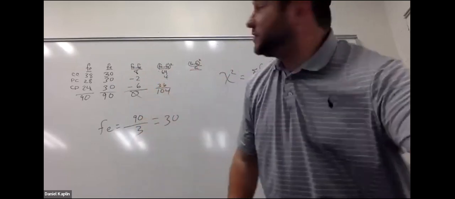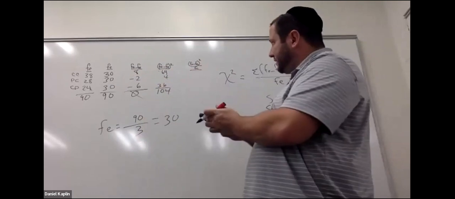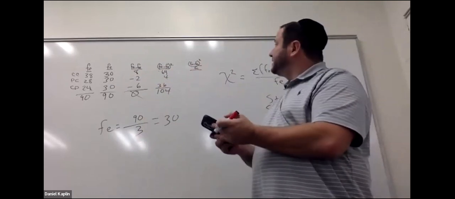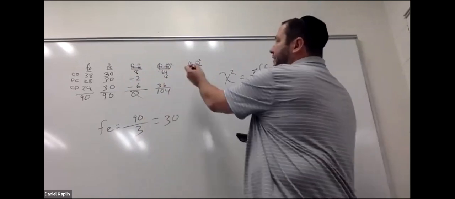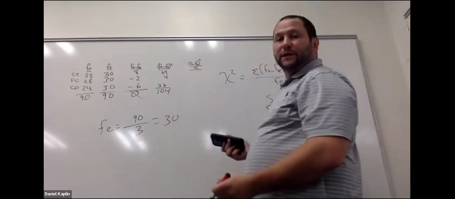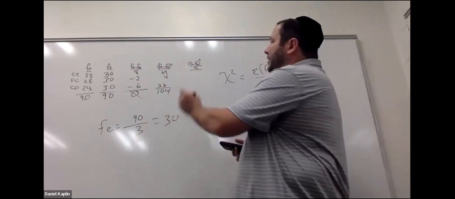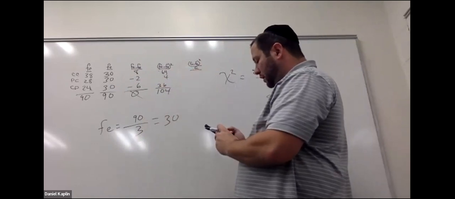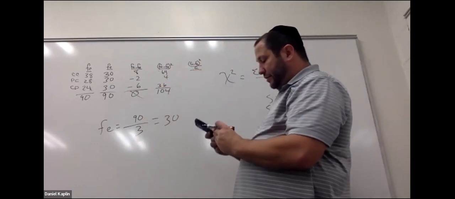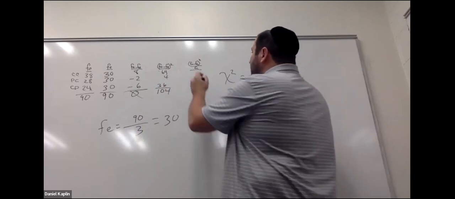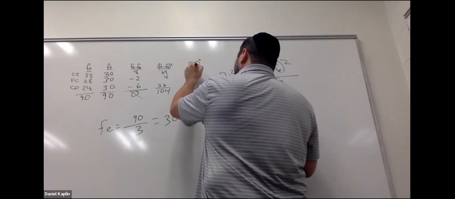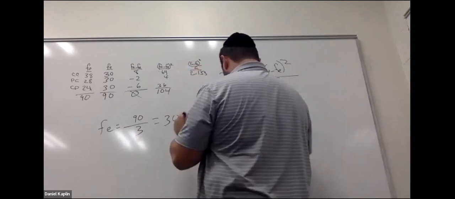So now I'm going to do my difference, FO minus FE squared divided by FE. So for this first one, for chocolate chip cookies, the CC, I'm going to take 64 and divide that by 30, which was its expected frequency. And I'm going to get something that looks like 2.133.